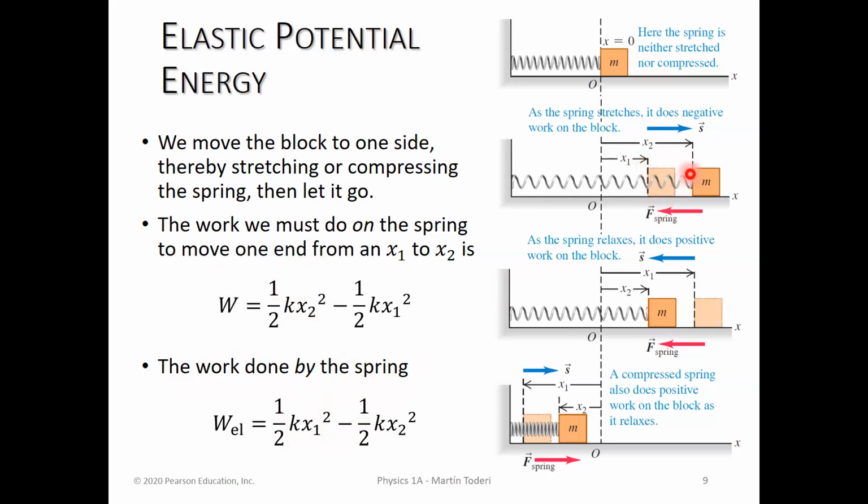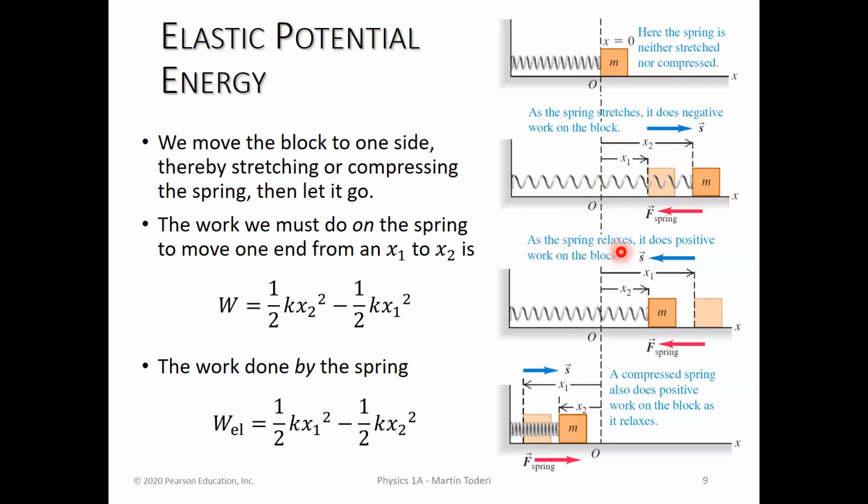This is a matter of when we're pumping energy into the system and when the system is trying to go to a minimum state of energy. So the spring is trying to go back to a minimum state of energy, which is the resting position at 0.